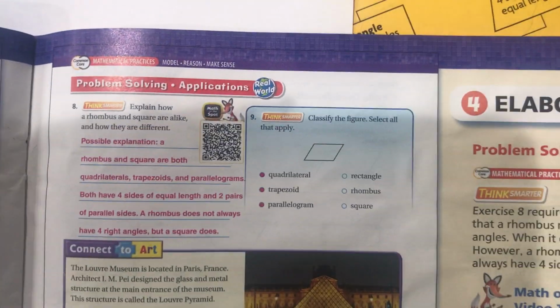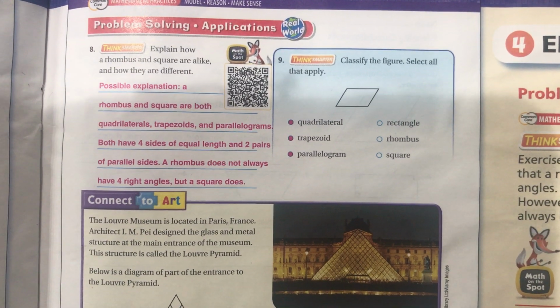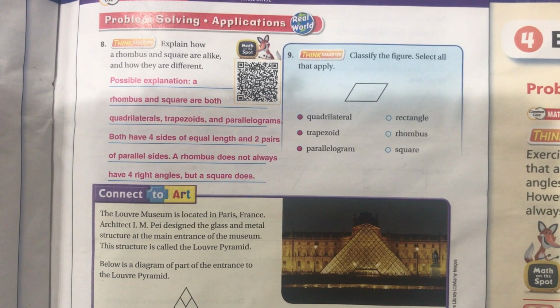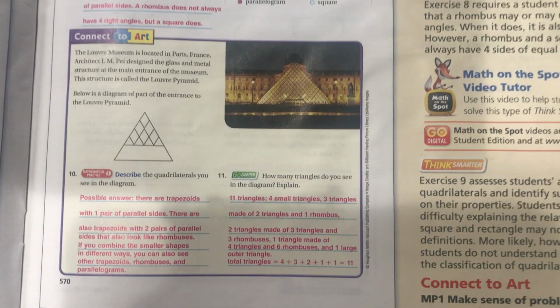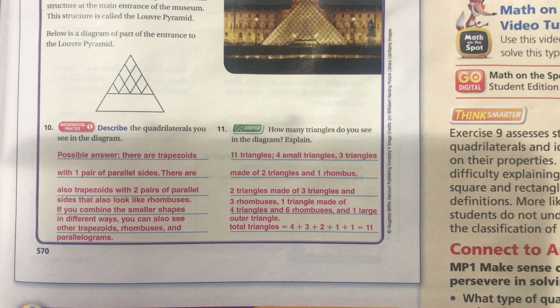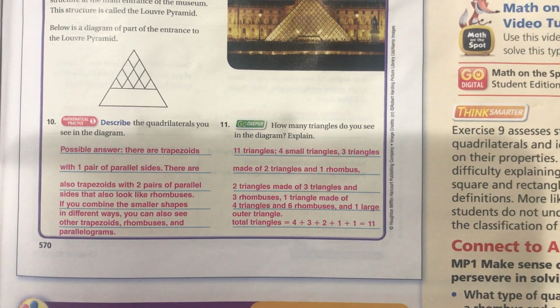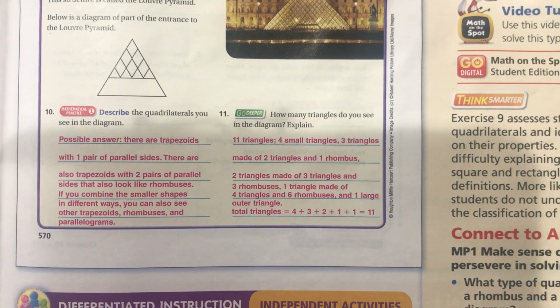Okay, here are the answers. Here's number 8. If you have something similar to that for 8, that's great. There's the answer for 9. And here's connect to art, and this is a possible answer of what you should have. And again, remember, you can pause the tape at any time.